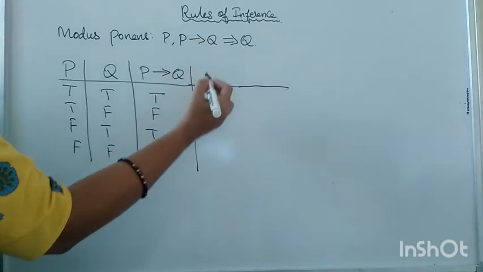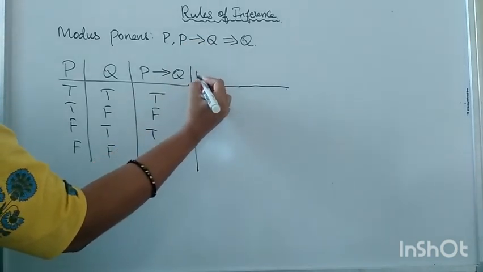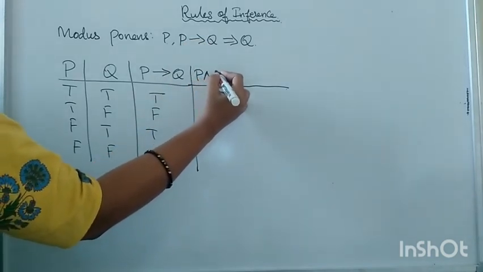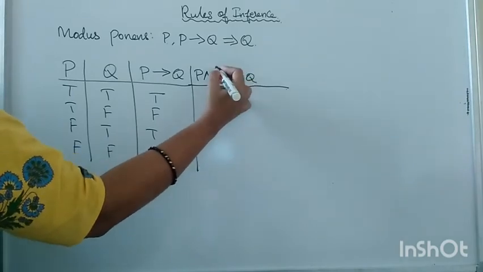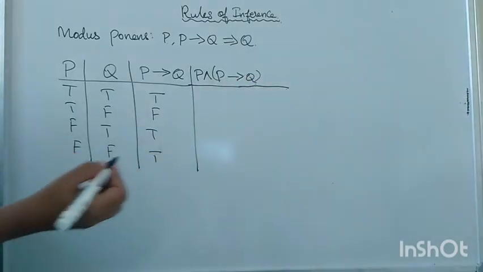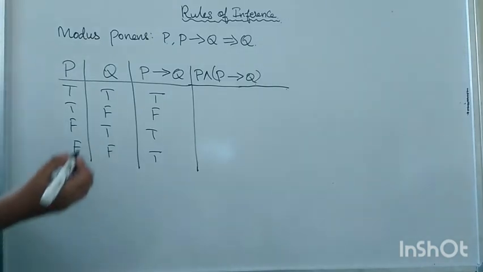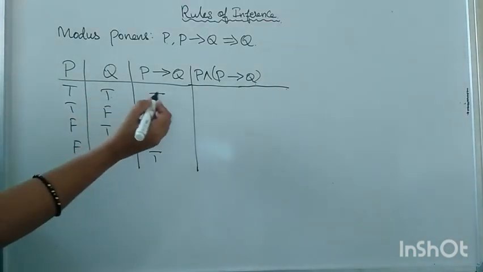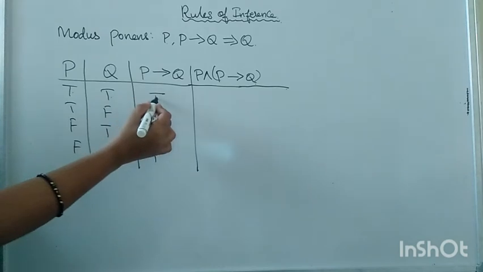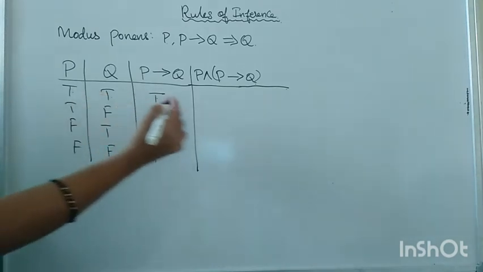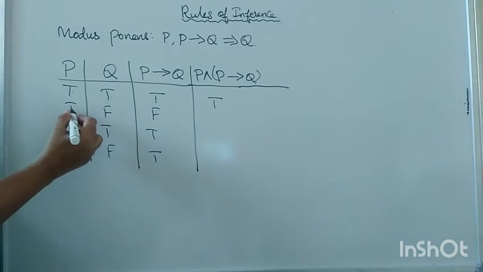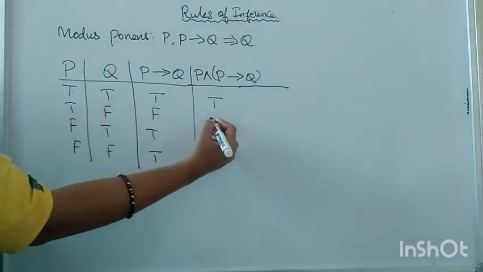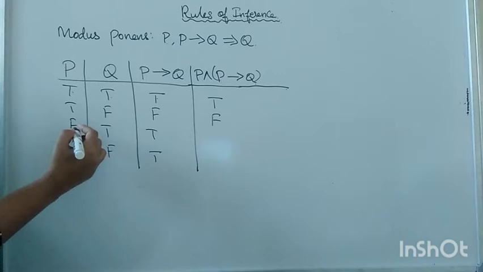For example, we can take P and P implies Q. So P and P implies Q: true, true, we will get true here, and then true, false, we will get false here.